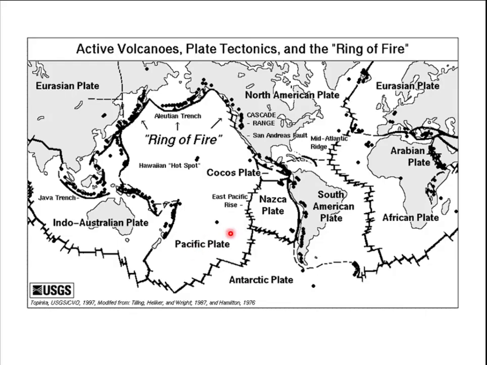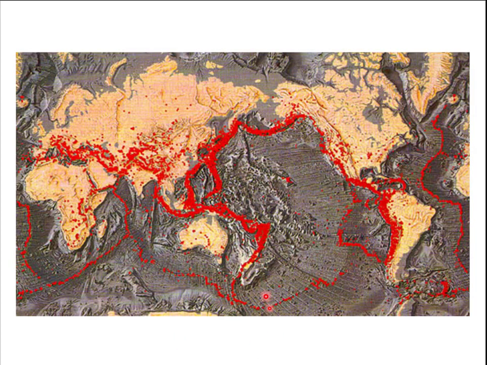Remember, if we look at the distribution of volcanoes, we can see that they more or less track with plate boundaries. They're at least near plate boundaries. Usually, Hawaii is a big exception that we'll talk about when we talk about volcanoes. But most volcanoes are at least near plate boundaries, right? Same thing with earthquakes. Every little red dot's an earthquake. This is probably about 3 or 4 months worth of earthquakes.